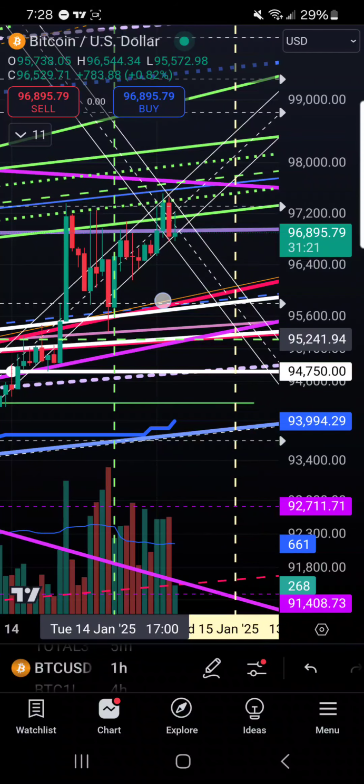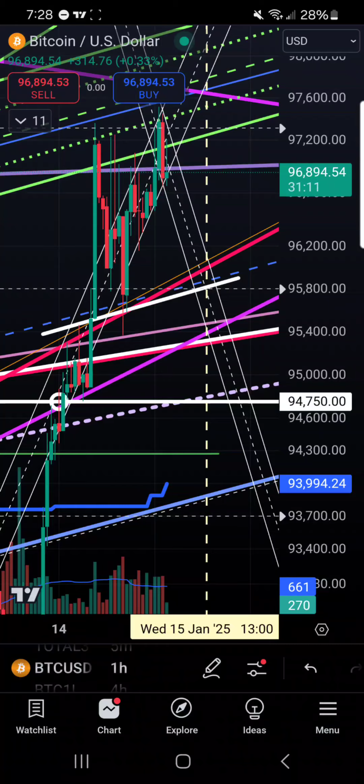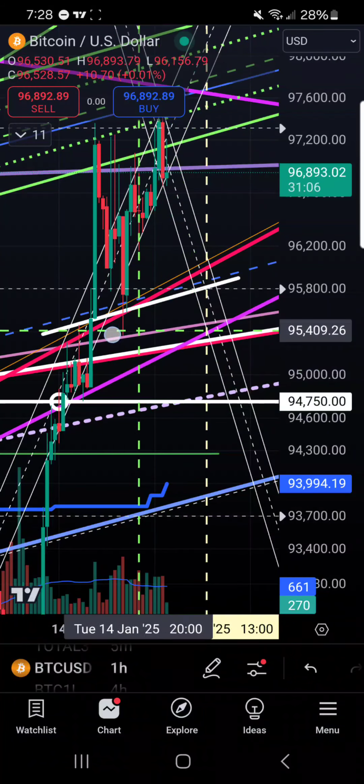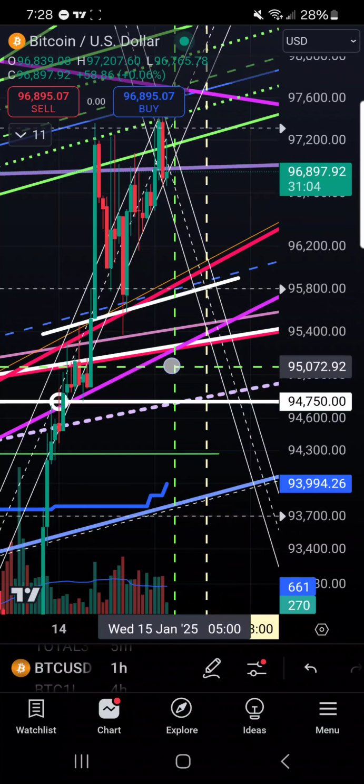Now, also of note, is that this fuchsia colored line and this red line are the trend lines connecting the lows of, what lows are they? Of October 10th and November 4th.